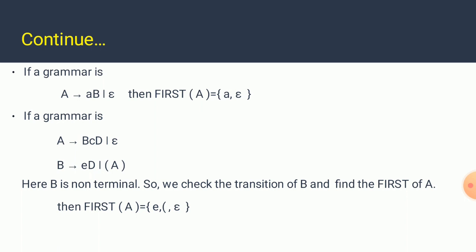Here B produces small e capital D and an opening bracket. So the first of A is the first of B. We take the first of B, which is small a and an opening bracket. So the first of A is small e and the opening bracket, and epsilon is also added to the first of A. So here we have seen various conditions for how to check the first of any variable.